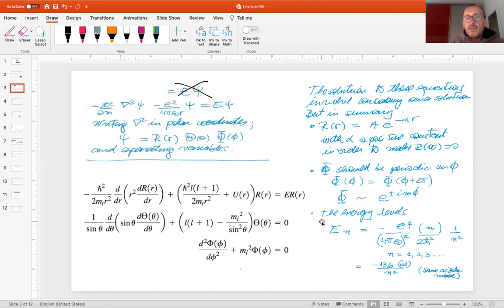From the first equation here, if we solve this equation, we obtain two things. First of all, this is the equation for the energy. For this thing, we actually obtain the energy levels of the hydrogen atom. Here's the energy.